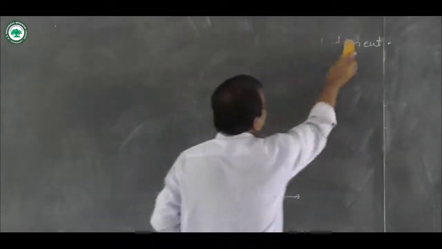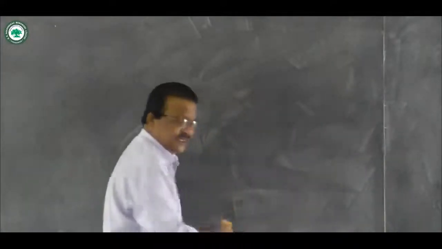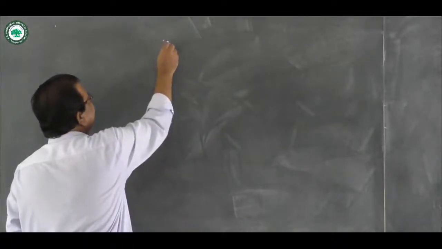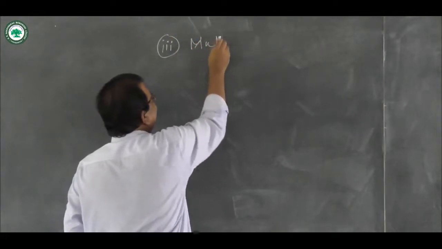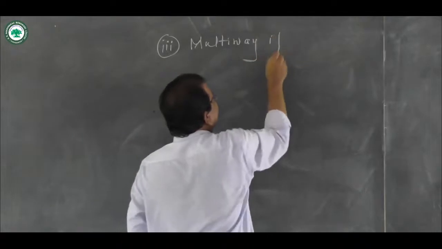Then the third type of nesting which we have is the multi-way if-else statement.